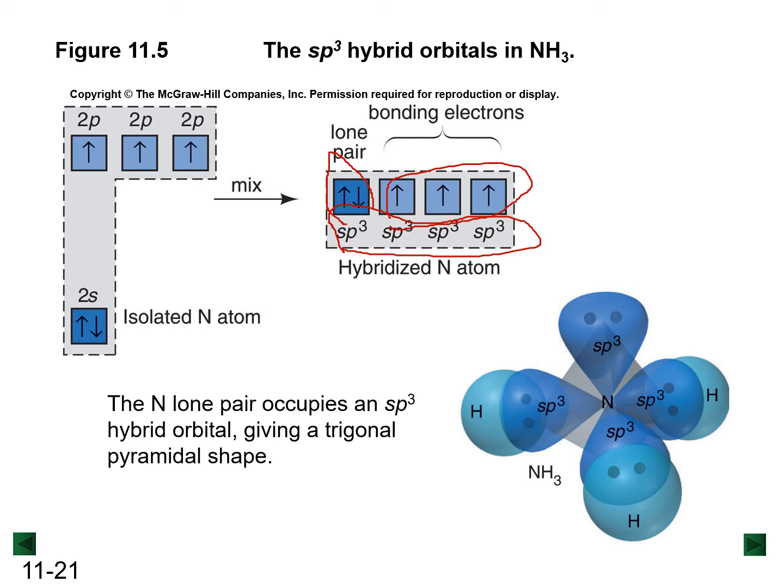And these three hybrid orbitals that have one unpaired electron each will overlap with 1s orbitals that have one electron each, forming three covalent bonds. And we can see here that the N lone pair occupies sp3, giving a trigonal pyramidal shape.